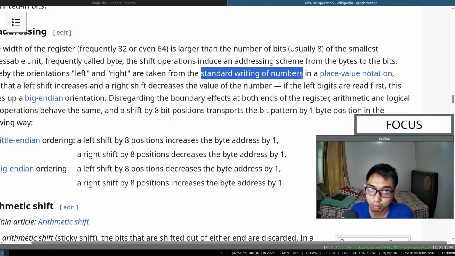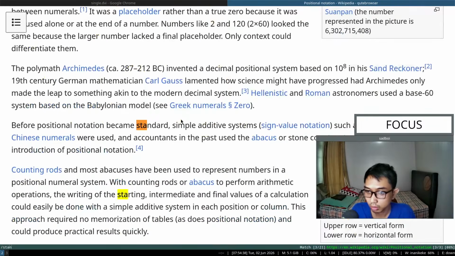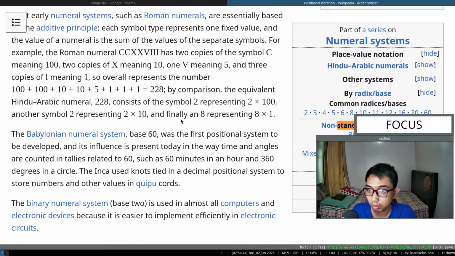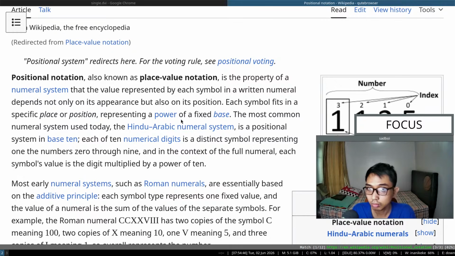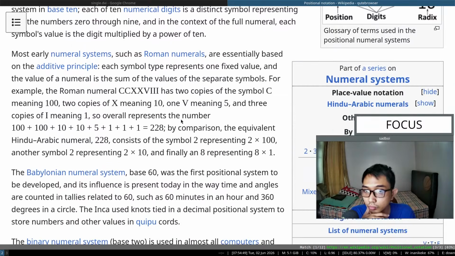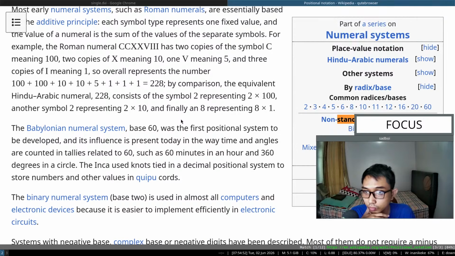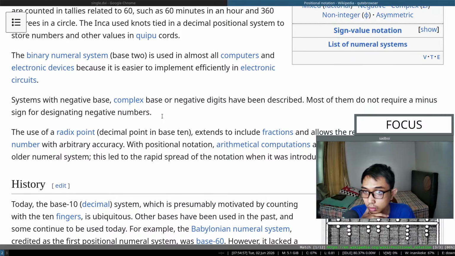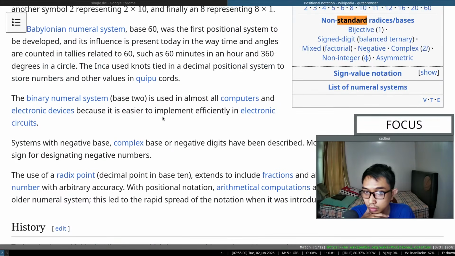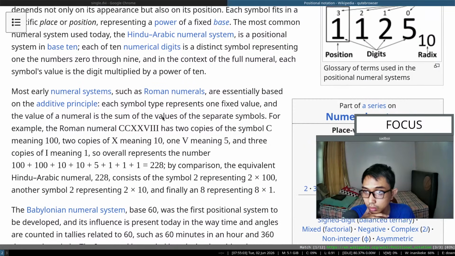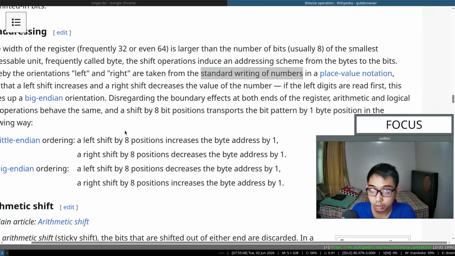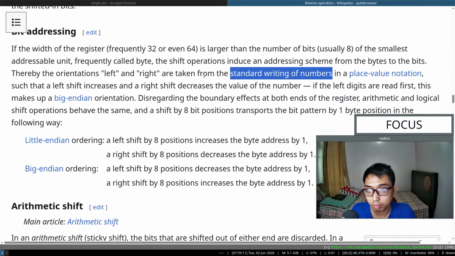Standard writing of numbers. I'm still not sure what this means. Standard writing of numbers.